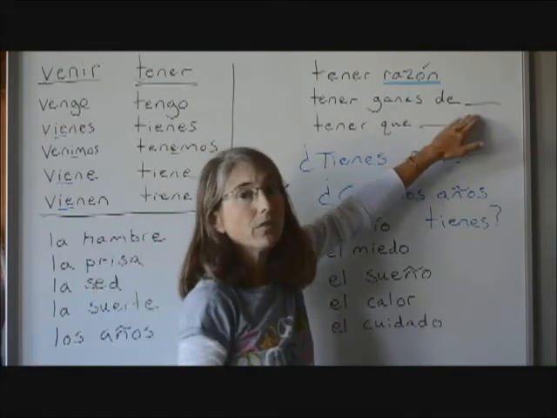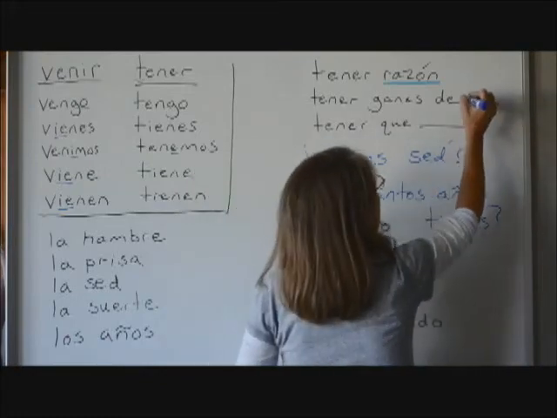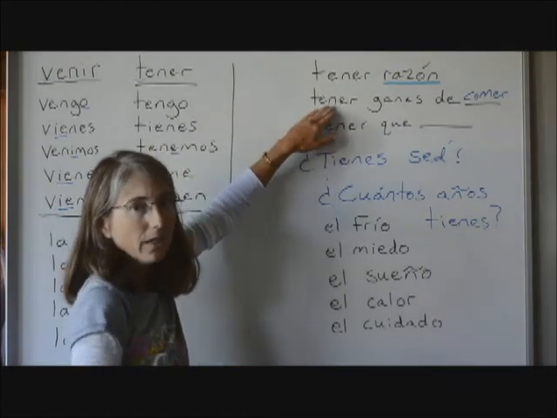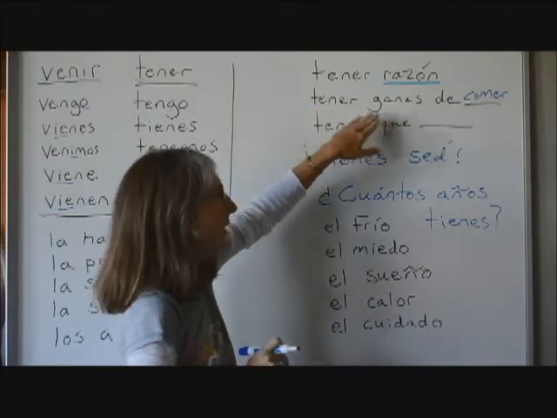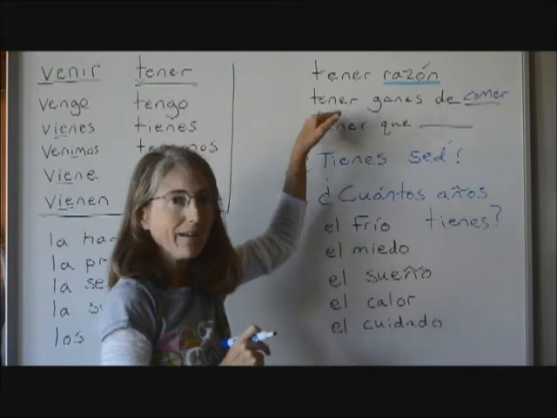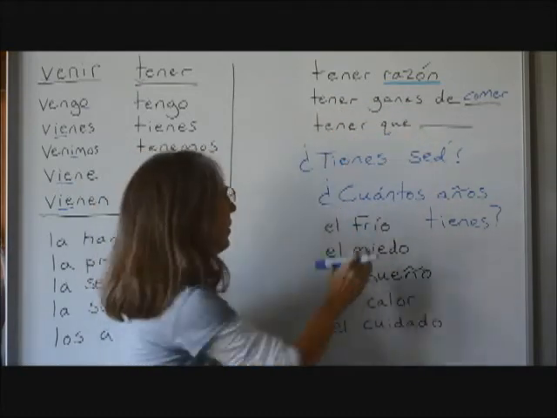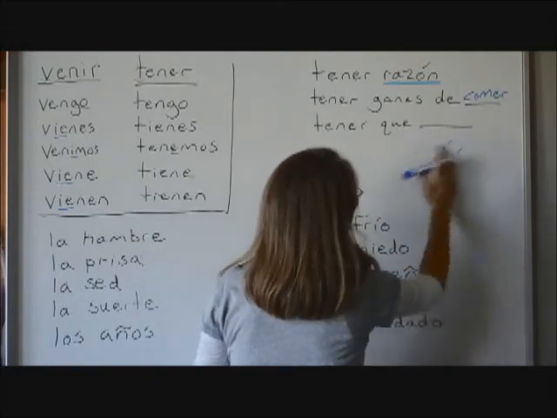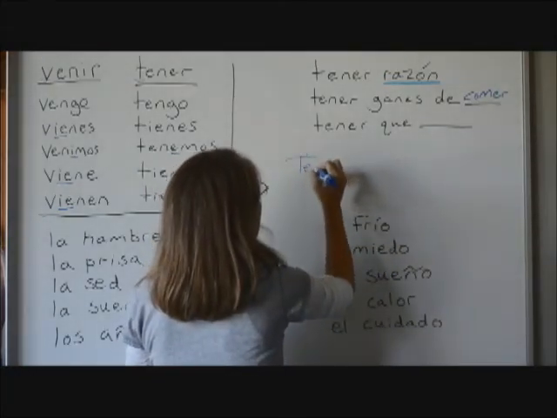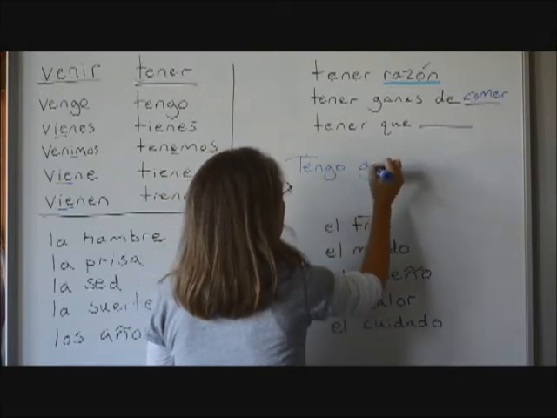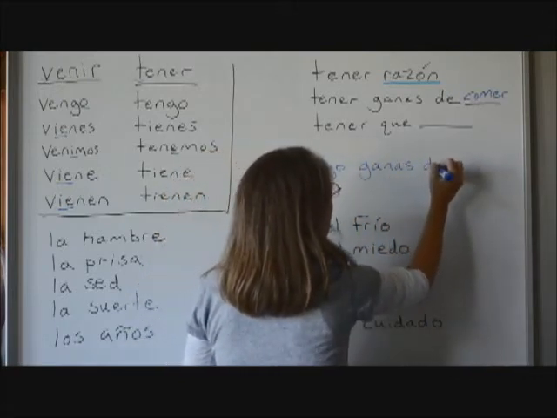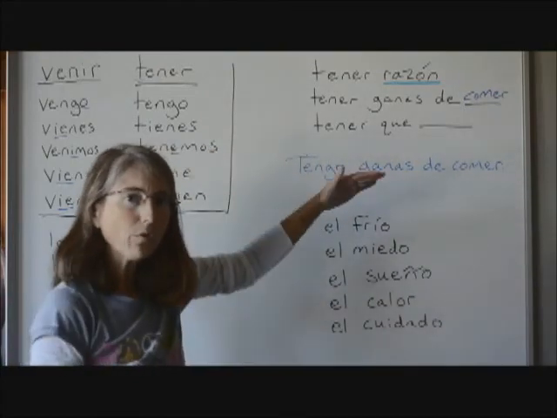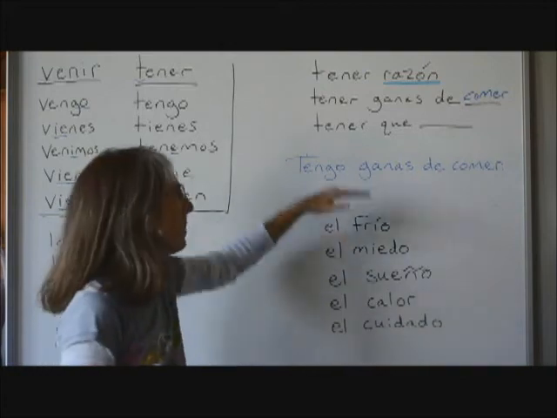We would not conjugate the verb in this blank. Tener is conjugated. I have a desire. Tener ganas de comer. I have. So it would be yo tengo ganas de comer. Tengo ganas de comer. I have a desire to eat.